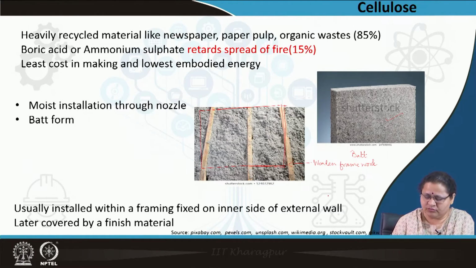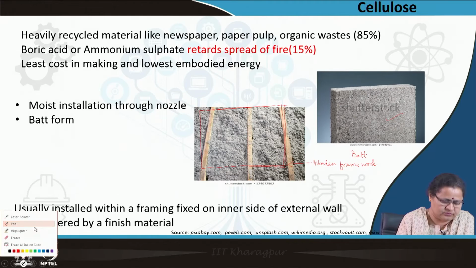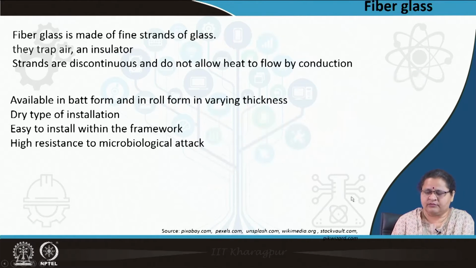We come to fiberglass. Fiberglass is again nothing but fine strands of glass. We had seen, when we studied glass, that glass fibers are used as reinforcement in GFRG. They are also used in glass fiber reinforced plastic.